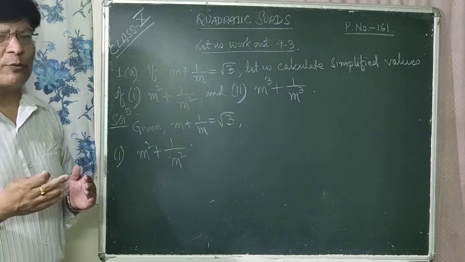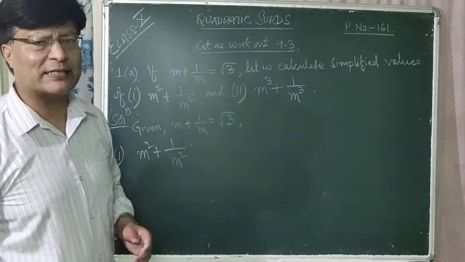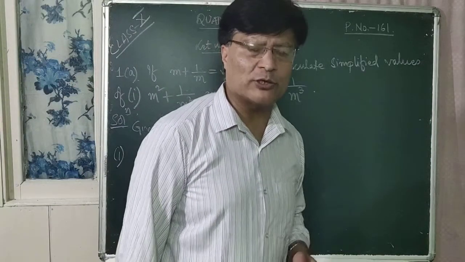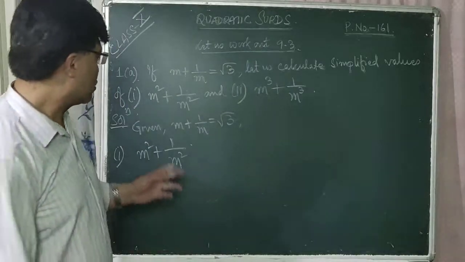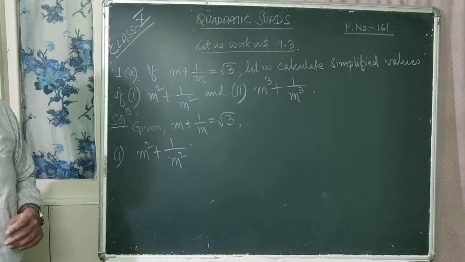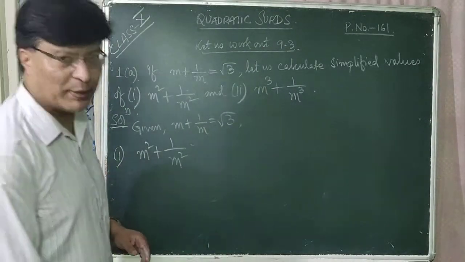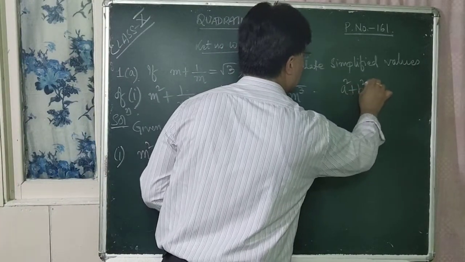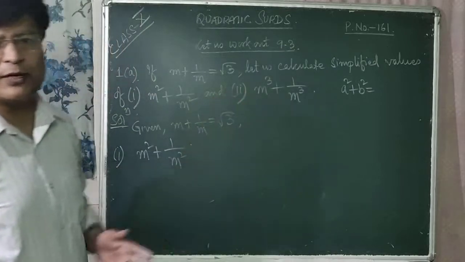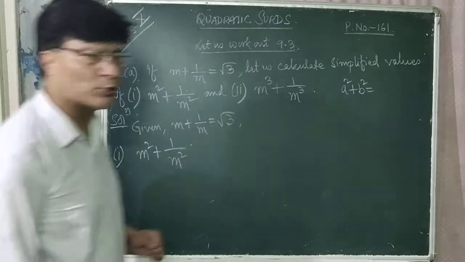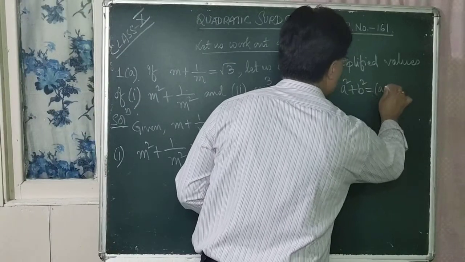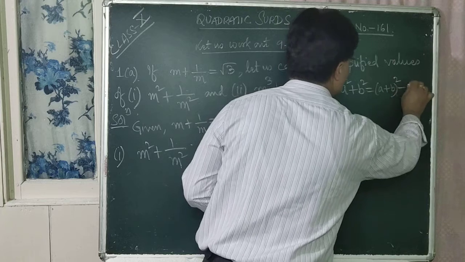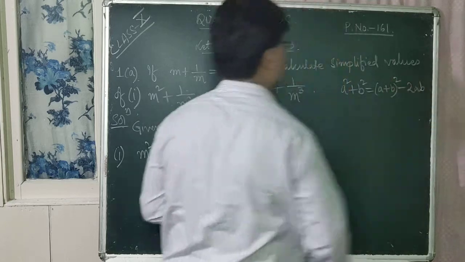You should know it from class 7, 8, and in 9 also you did it. Which formula is used? a square plus b square is equal to a plus b whole square minus 2ab.